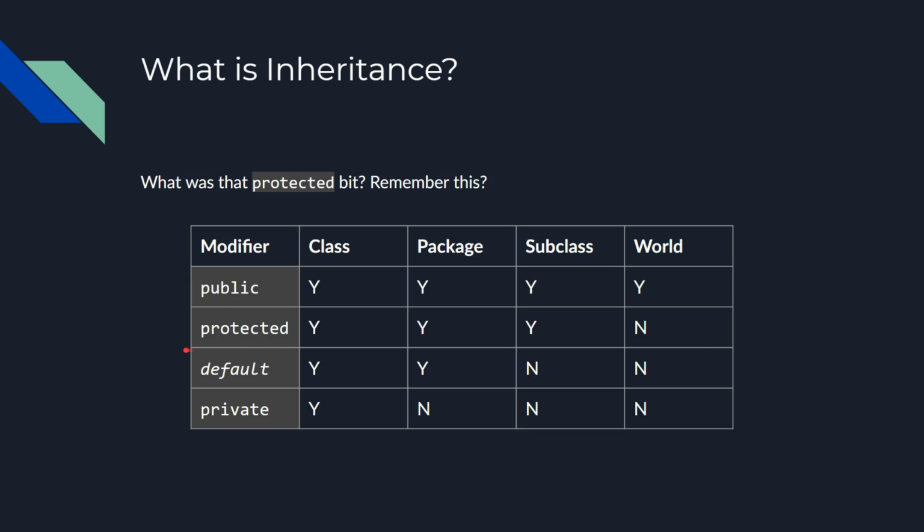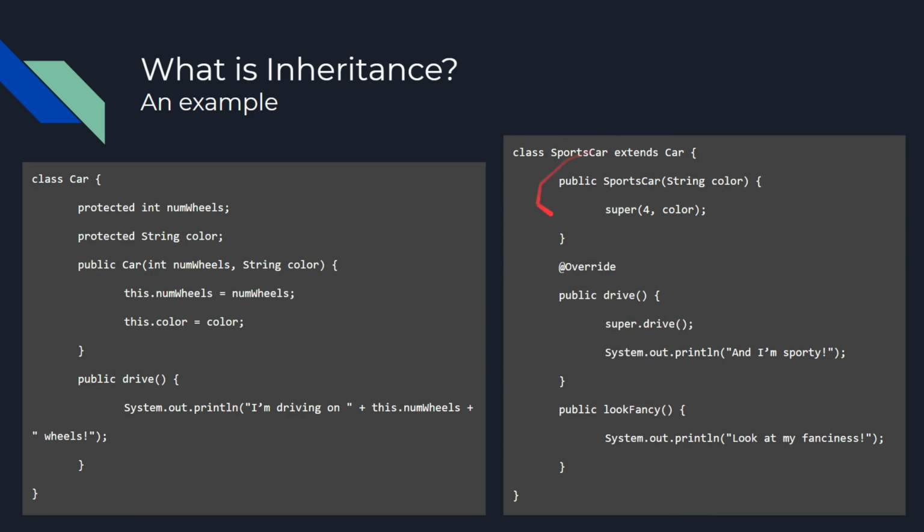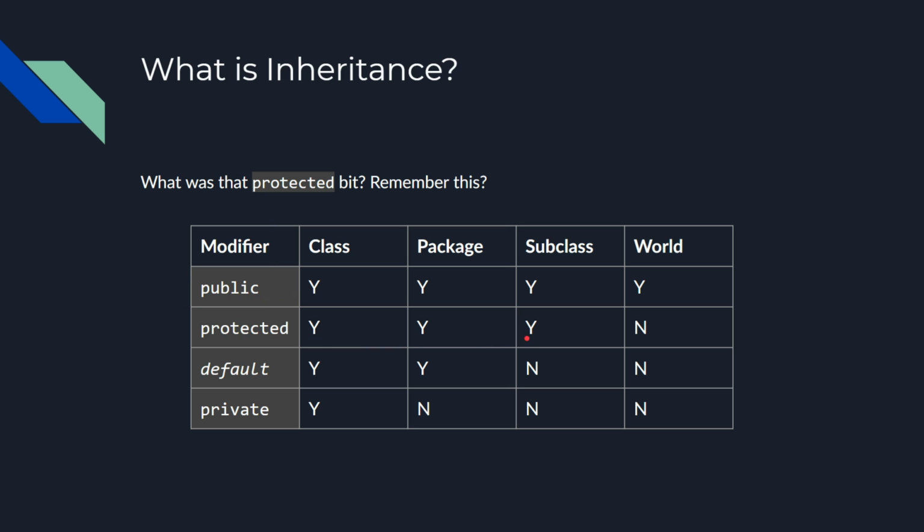If we had it as default, basically no access modifier, or as private, and then a sports car tried to access num wheels or color, you would get an error. So protected allows a child class to use properties and methods from the parent class. Default does not. Default just means other stuff within the same package can do it. Questions about that? Cool.